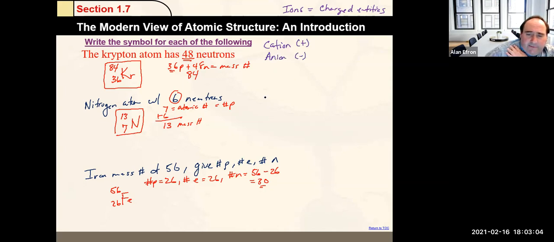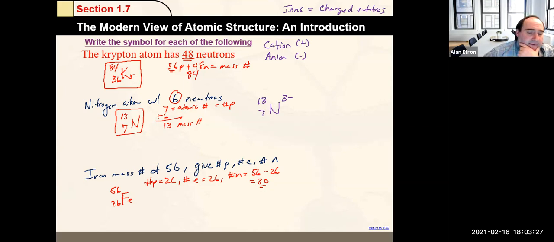So in this particular case, let's take our nitrogen here. If we took our nitrogen, that was 13 and 7, and we gave it its normal charge of -3, what we want to think about is what is changing here that we have the -3 charge.